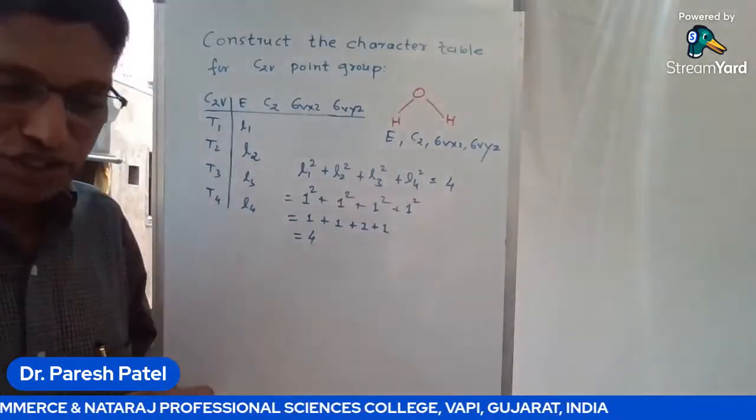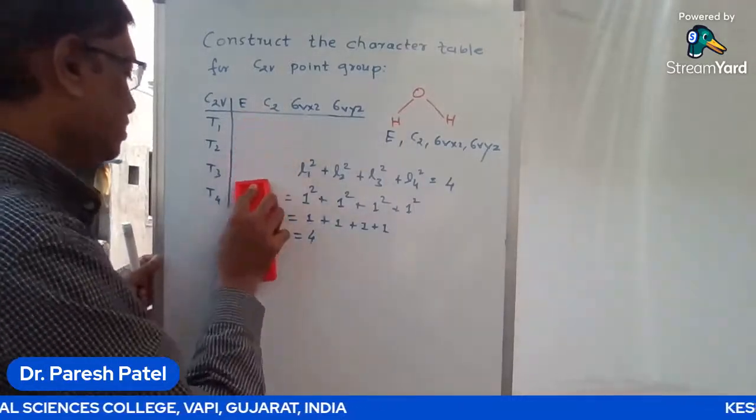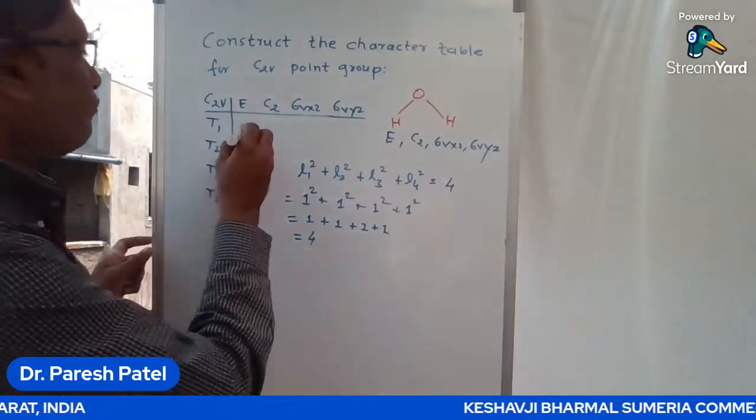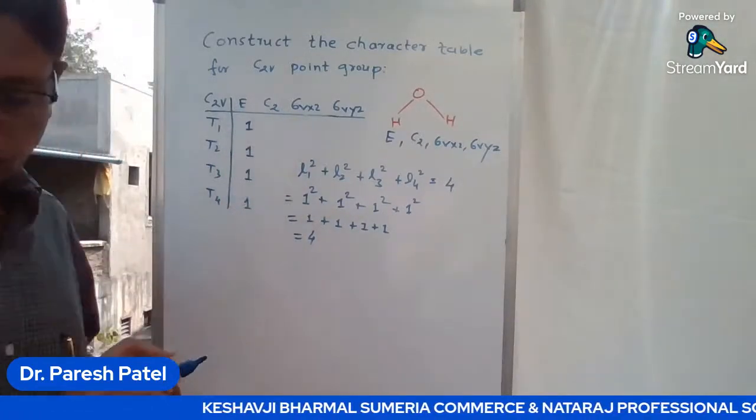That means the dimensions of these representations are 1, 1, 1 and 1.